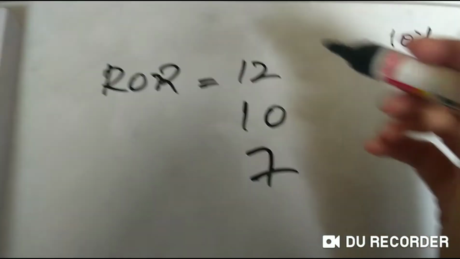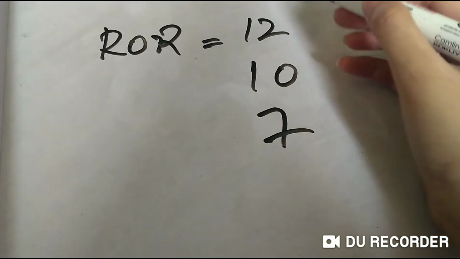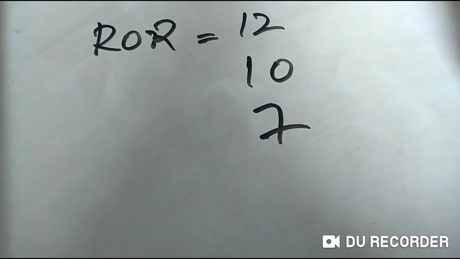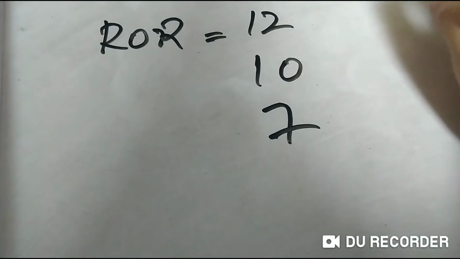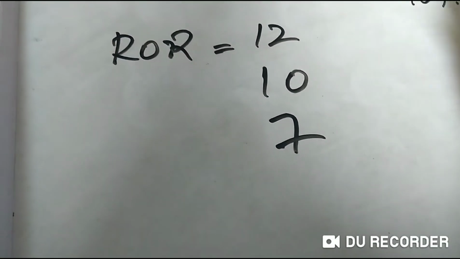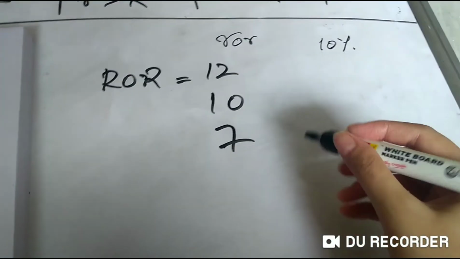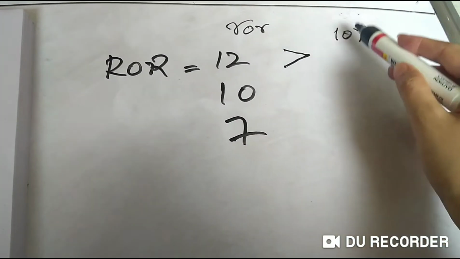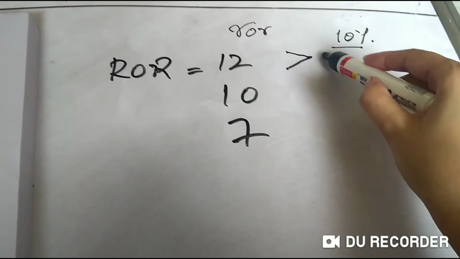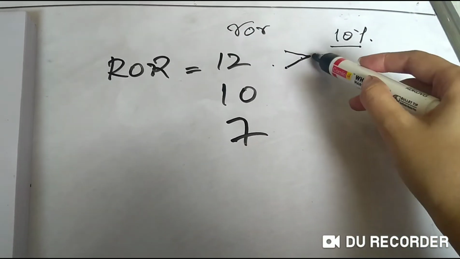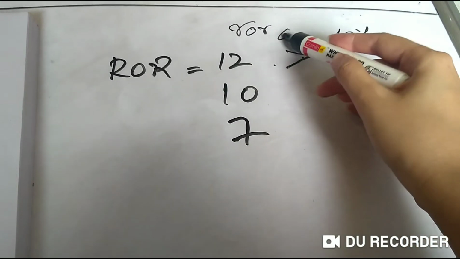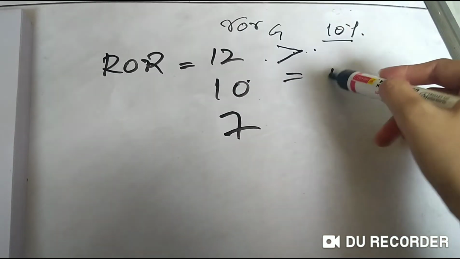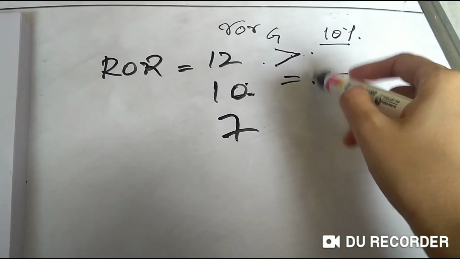So this is your R, rate of return, and 10% is your cost of capital. In a firm where your rate of return is more than your capitalization rate, that means you are doing well, you are growing, so it is known as a growth firm. Now 10% and 10%, that means they both are equal.